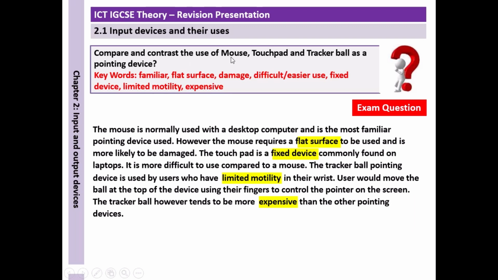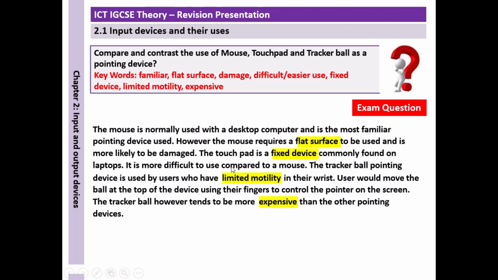Compare and contrast the use of mouse, touchpad, and trackball as a pointing device. So this is how you answer it. The mouse is normally used with a desktop computer and is the most familiar pointing device used. However, a mouse requires a flat surface to be used and is more likely to be damaged. The touchpad is a fixed device commonly found on laptops.